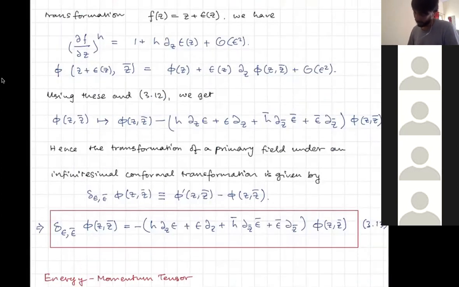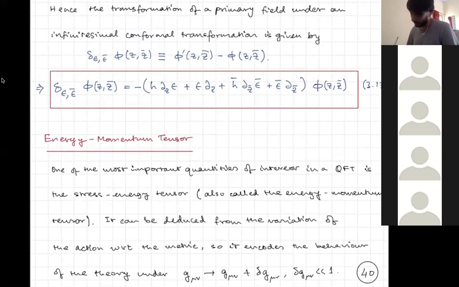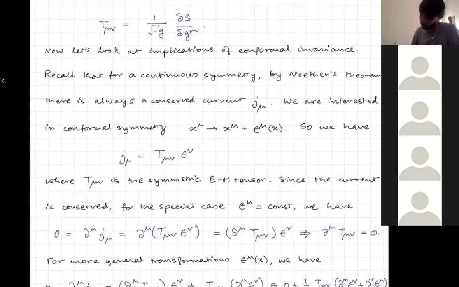Then we said a few things about the energy momentum tensor, or the stress tensor, if you wish. This, as most of you know, is defined as the variation of the action with respect to the metric.